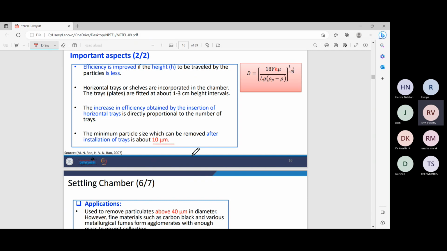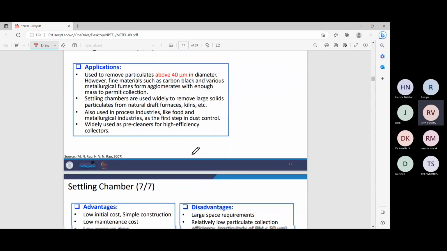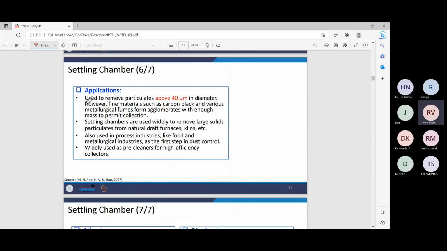10 microns. Now, what are the applications of these settling chambers? They can be used to remove particulates which are more than 40 micrometers in diameter. However, the finer particulates, as explained before, can coagulate or agglomerate with each other and form bigger particles, and then we can collect them in the settling chambers.